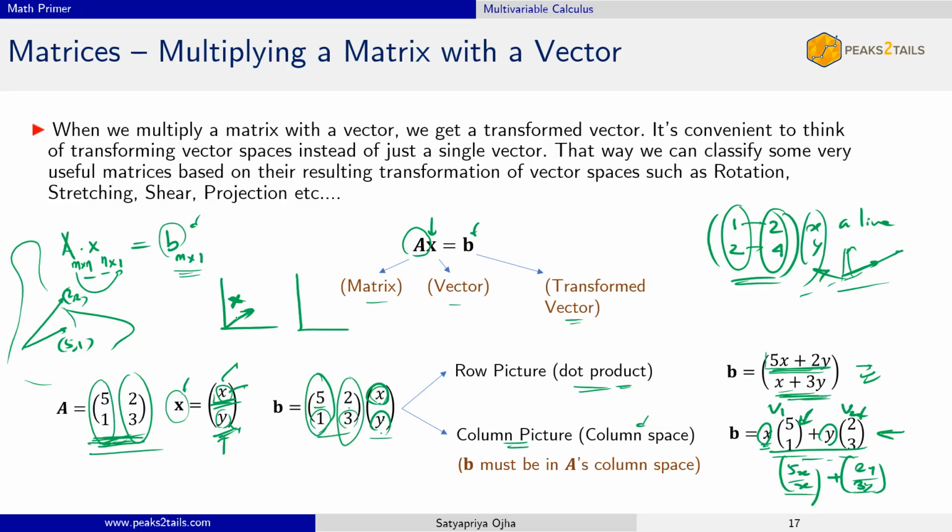It becomes b. But how does b look like? I can get all kinds of transformation, starting with no change, b equal to x. When will this be, guys? Any ideas? A transformed vector which is exactly the same as the original vector. When will that happen? What does A have to be for the transformed vector to be exactly the same as the original vector?